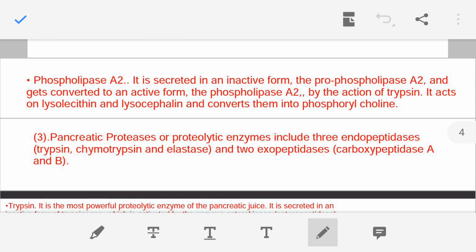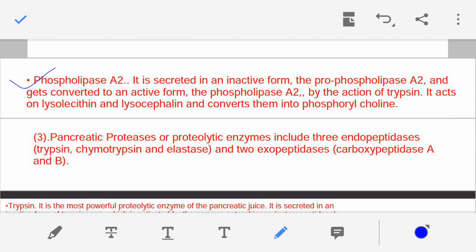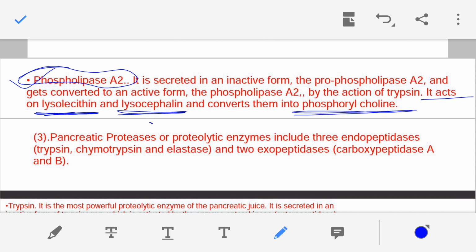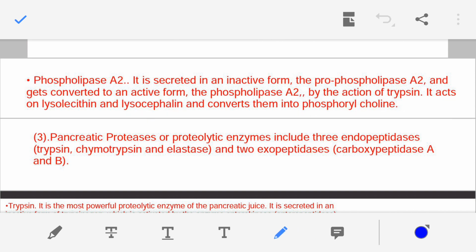Now this active phospholipase A2 acts on lysolecithin and lysocephalin, and converts lysolecithin and lysocephalin into phosphorylcholine. So this is the function of phospholipase A2, how it is activated and what role it is playing in the digestion.